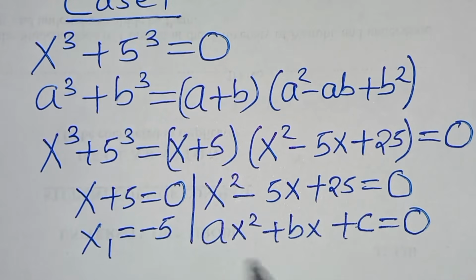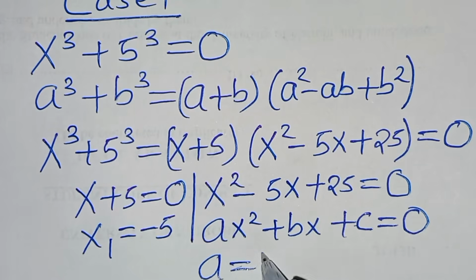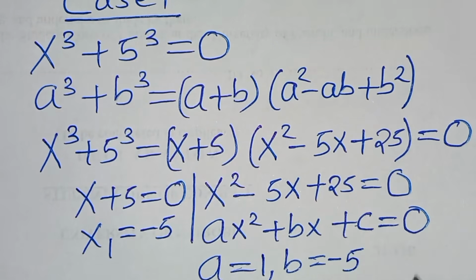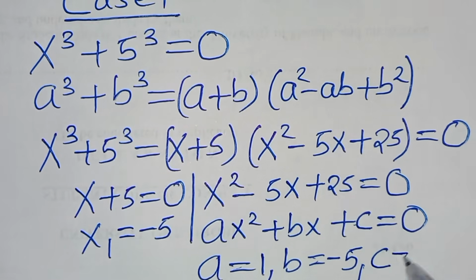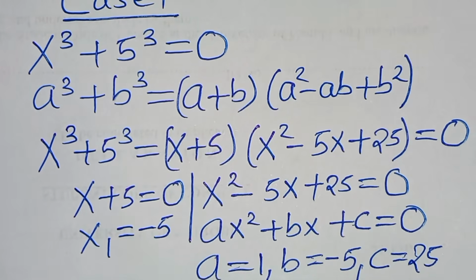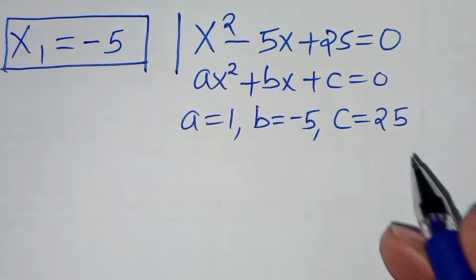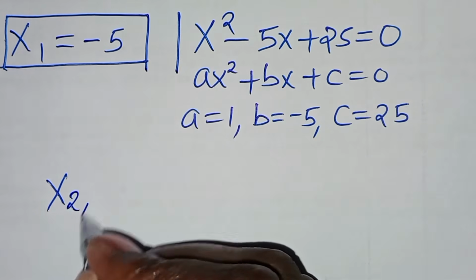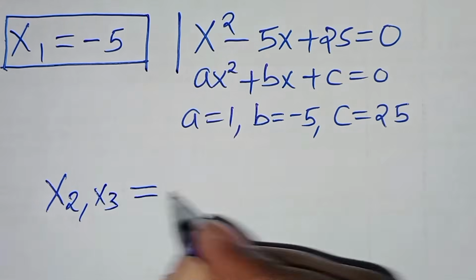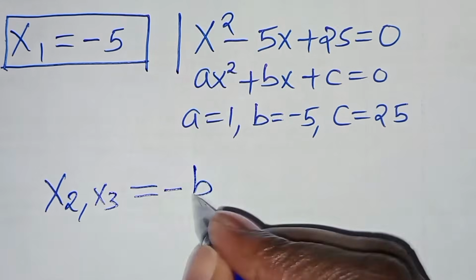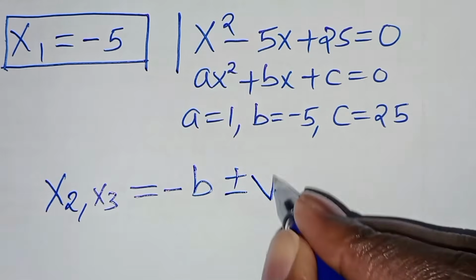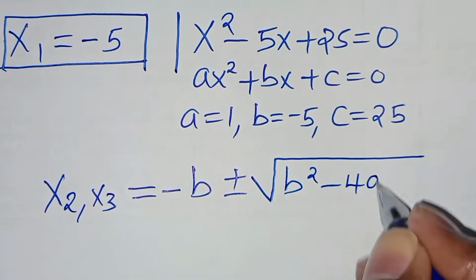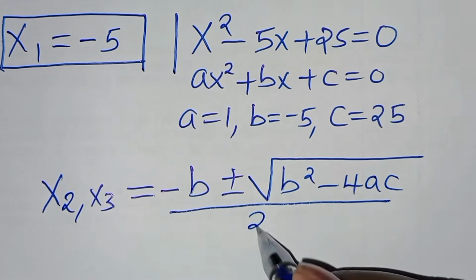From this quadratic equation, a is equal to 1, b is equal to minus 5, and c is equal to 25. Applying the quadratic formula, we can solve for x2, x3, which is equal to minus b plus or minus the square root of b squared minus 4 times a times c over 2 times a.